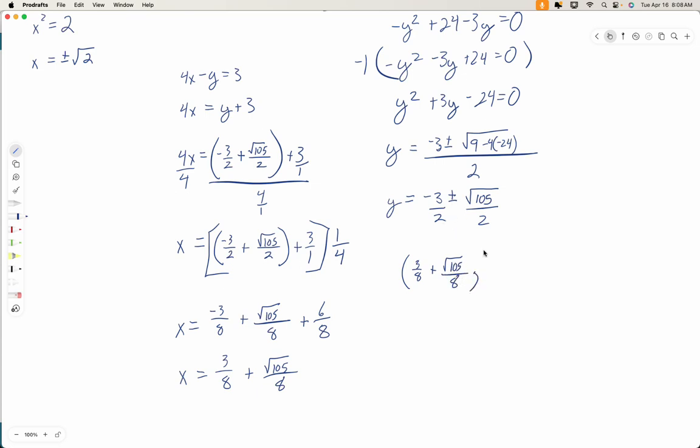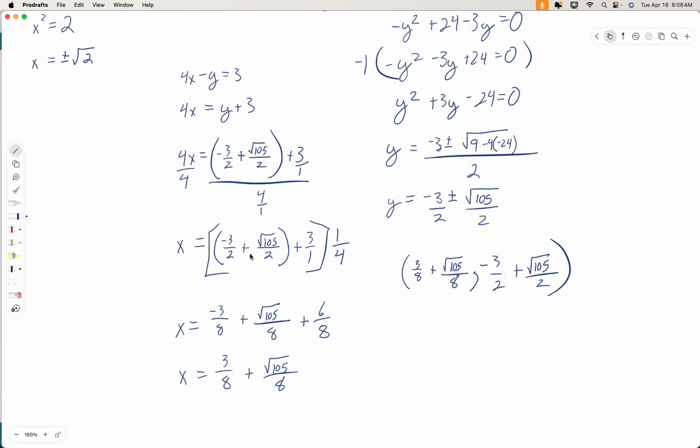And that's with the positive, so it's negative 3 over 2 plus square root of 105 over 2. There's my positive version of this. So now I need to do my negative version.